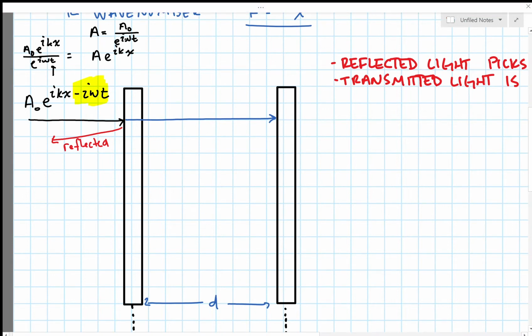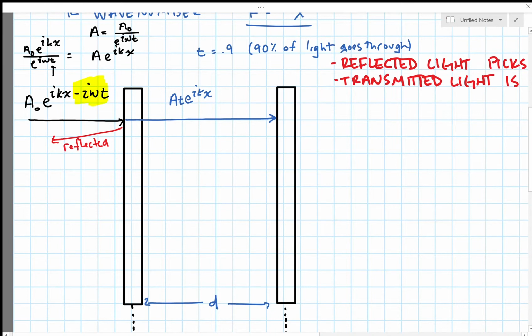but because some of it bounced off, it is a little bit dimmer, right? So whatever the transmissivity coefficient is, like we said, a certain percent of the light, T, say 0.9, indicates that 90% of light goes through. Which means that this light is now A times T, maybe 90% of it, maybe 80% of it, times e to the i k x.